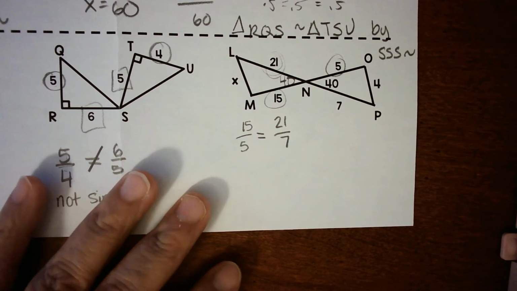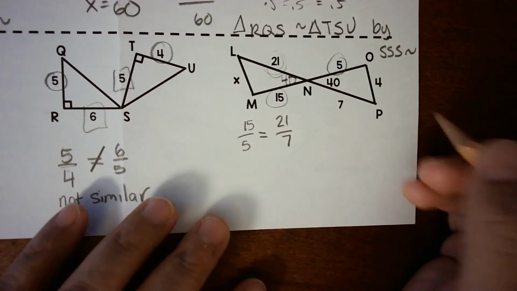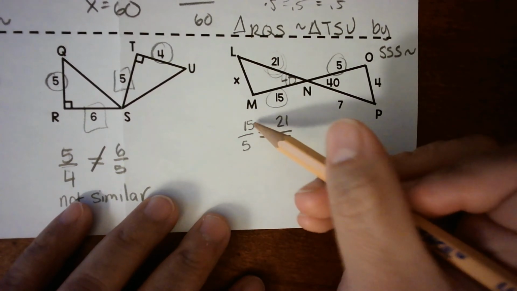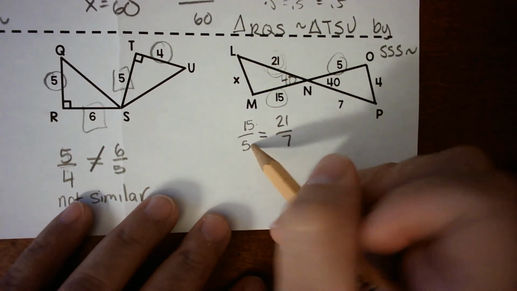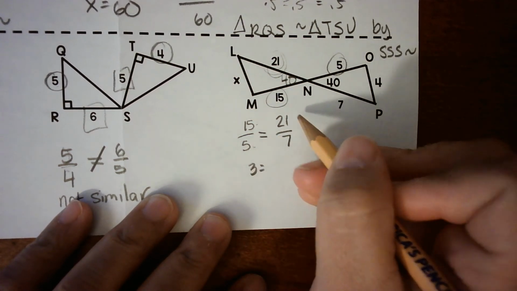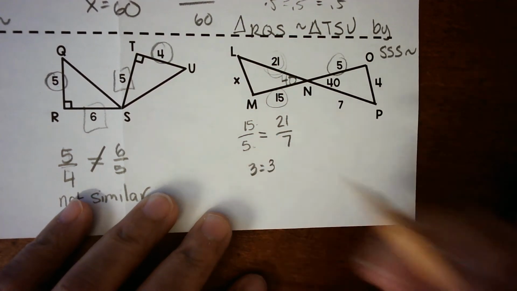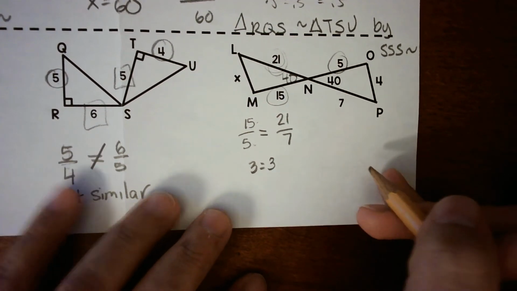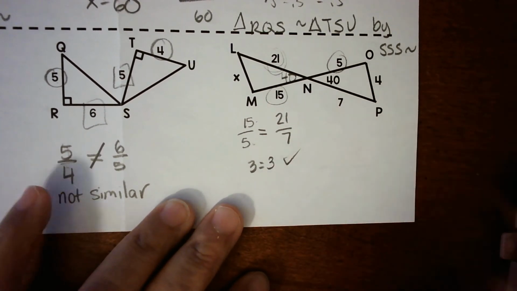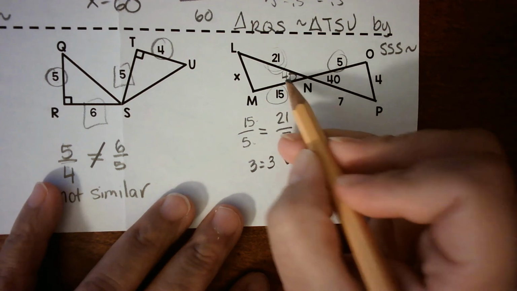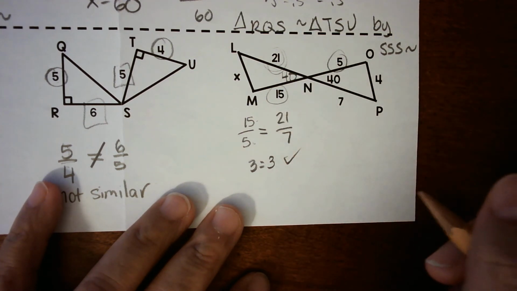So if you don't have a calculator handy, you might just want to simplify these fractions. Well, 15 divided by 5 is 3, and so is 21 divided by 7 is 3. Woohoo! So that means it is proportional, and they have an included angle.